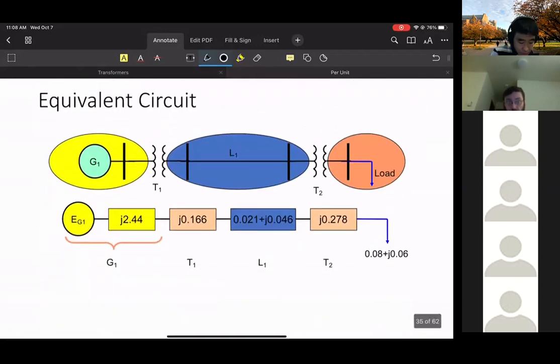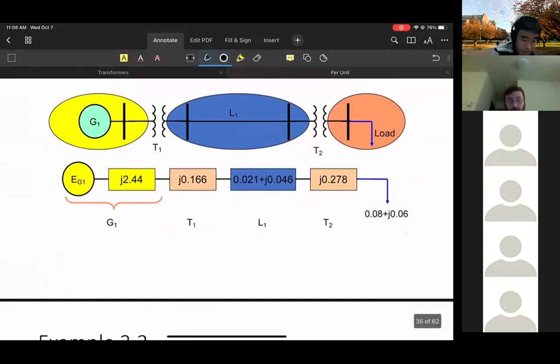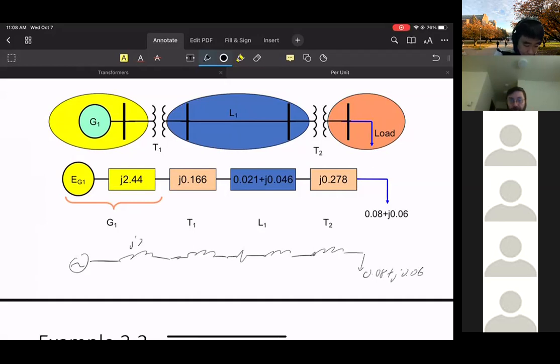So at the end of the day, we have this very nice circuit. Basically it's just a voltage source connected to an inductive impedance and another inductive impedance, connected to a transmission line, connected to another impedance, connected to a load that's 0.8 plus J0.06. And this is J0.278.